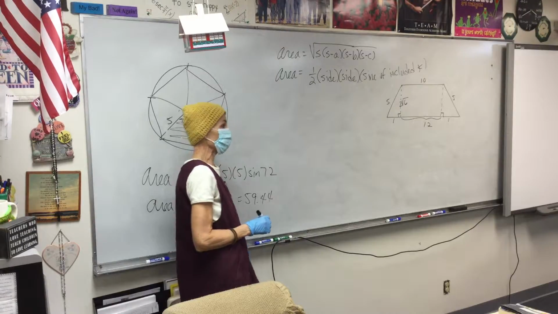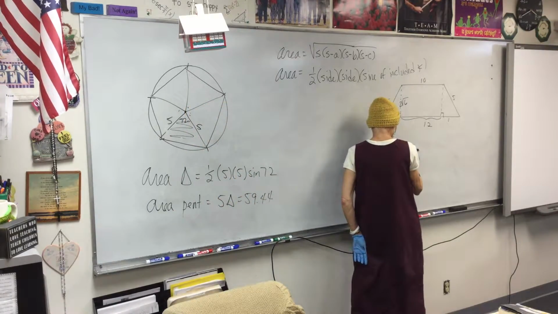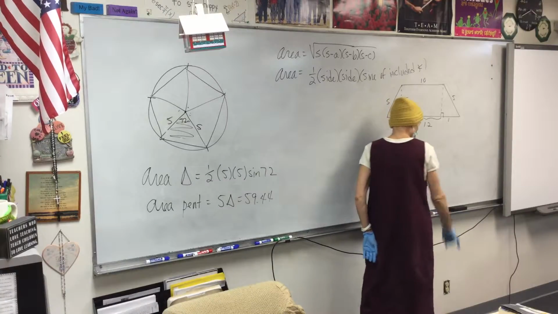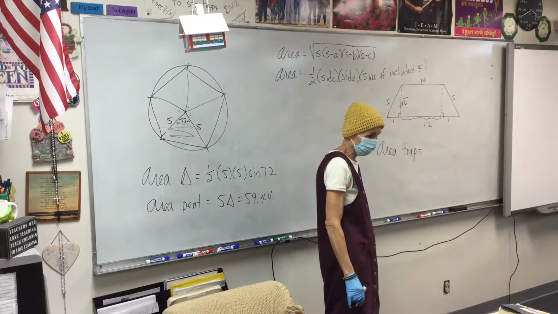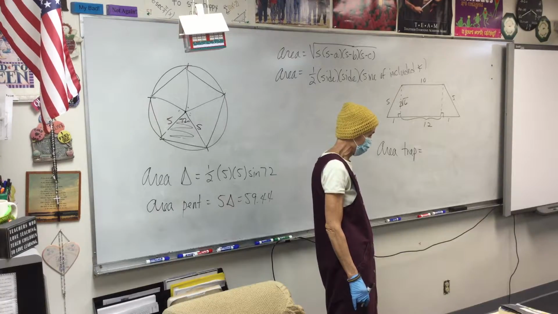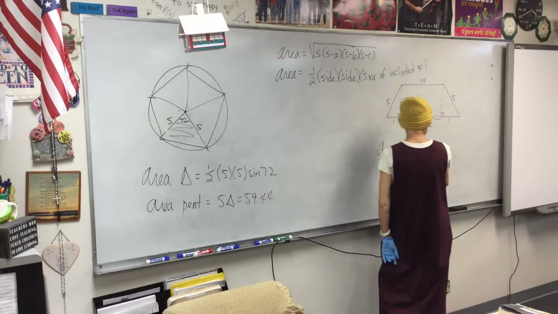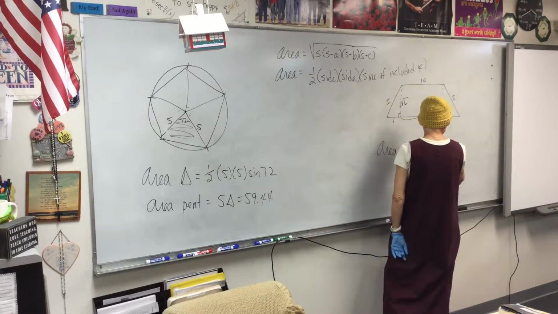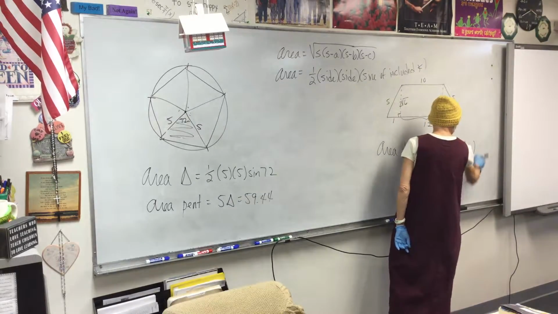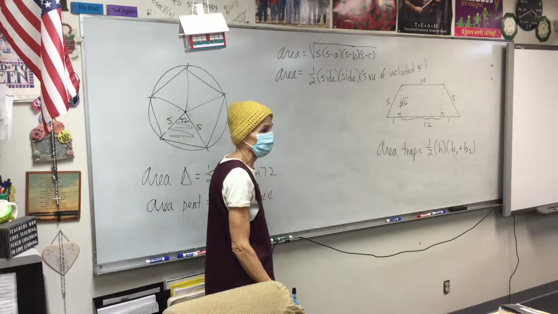Now, if you happen to remember the area of your trapezoid formula, anybody happen to remember that? Base 1. Oh, someone make your geometry teacher proud. Well, base 1 plus base 2 is one half the height times b1 plus b2. Does that look familiar to you?